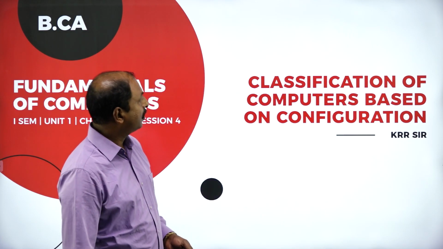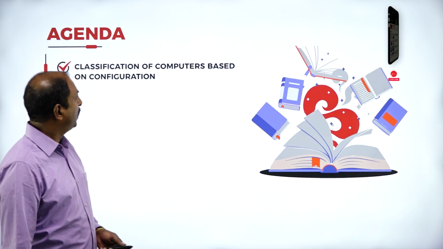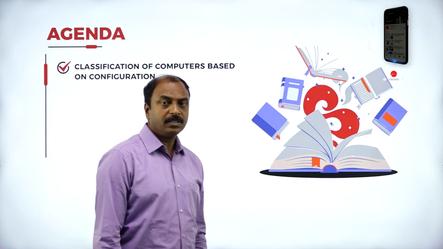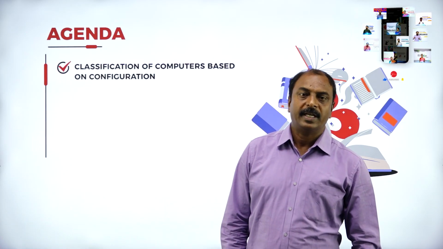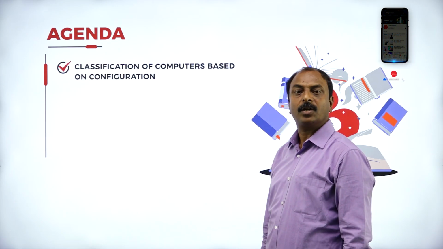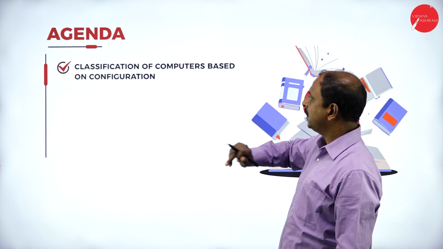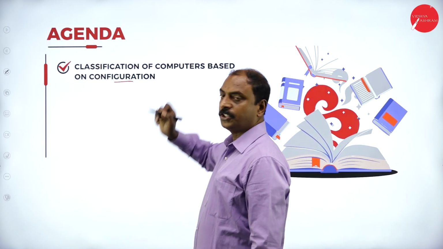Students, let us start our discussion with classification of computers. In our previous session, we discussed classification based on principle of working or operation. Now, in this session, we are going to talk about classification based on configuration.